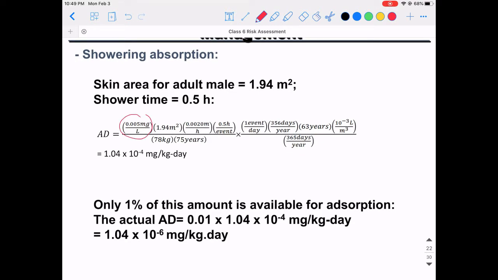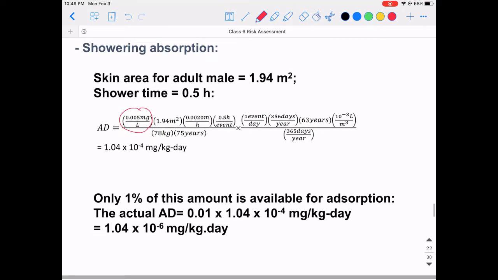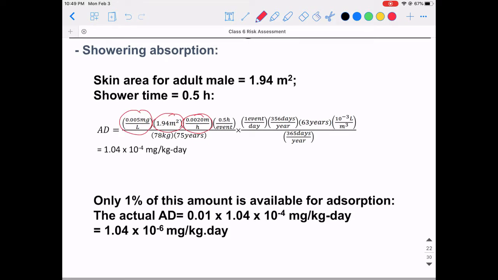Okay. So we can also calculate the showering absorption. Again, we first need to use this concentration of the benzene in water, and multiply by the surface area of the human being, and then multiply that by this absorption rate. It's a penetration rate. For each hour, this benzene is going to penetrate 0.002 meter, which means 2 millimeters through our skin.